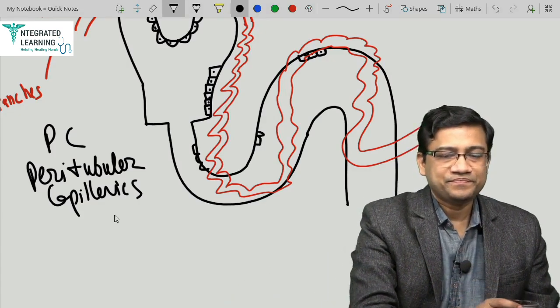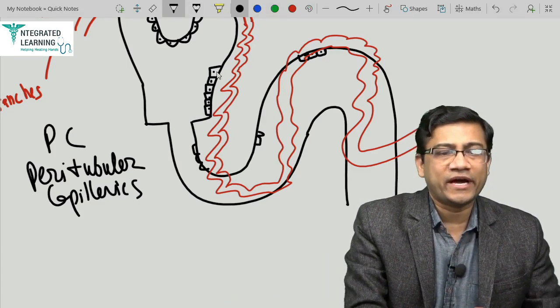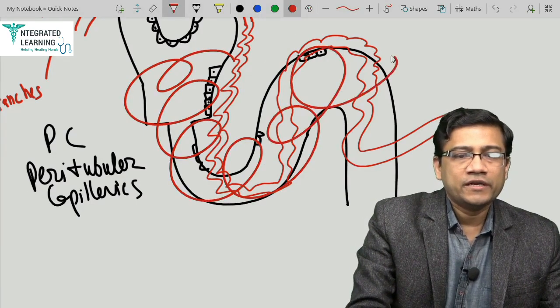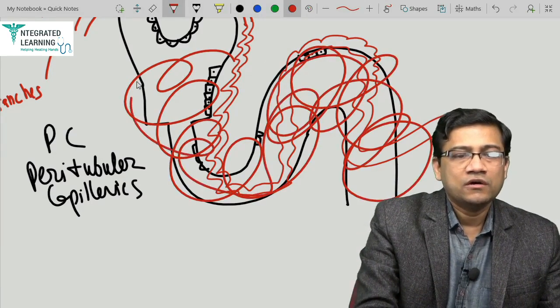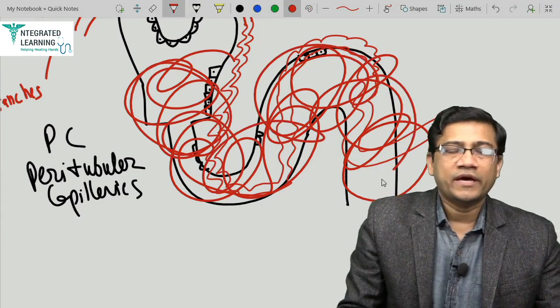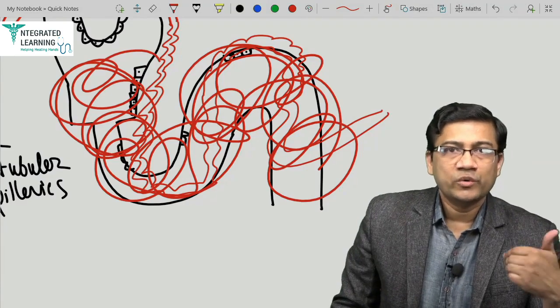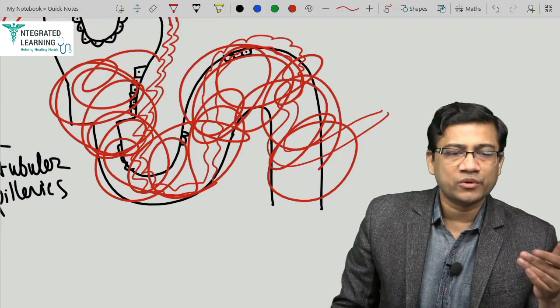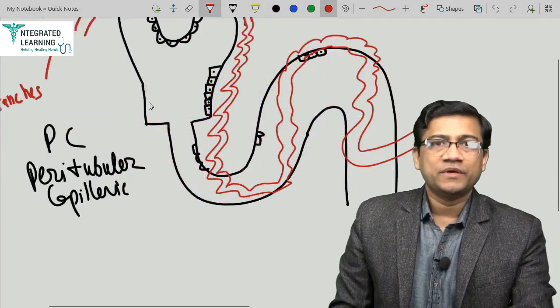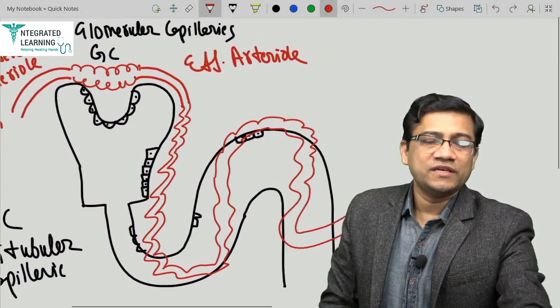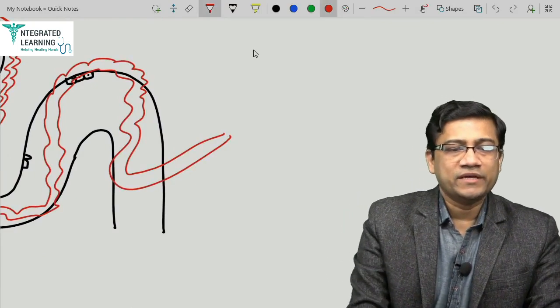Next, to show you in the actual form, the capillary is like this. It is actually surrounding the tubule in all directions. But if I show it, the visibility will not be good to explain the function, so I am not going to show it now, I will just be focusing on this part only. Next we see what these capillaries end up in.